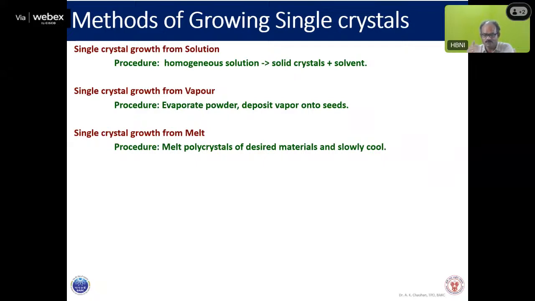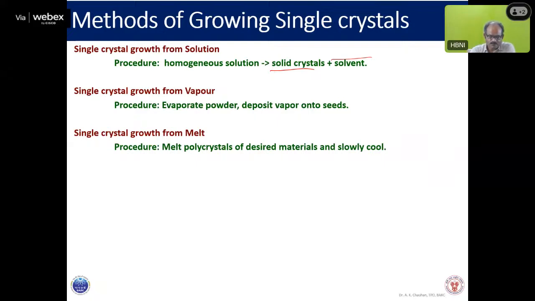Then after many days, when the water evaporates, you can see the small crystals. So you have a homogeneous solution, and out of that you get solid crystals, and the solvent is there until it evaporates.